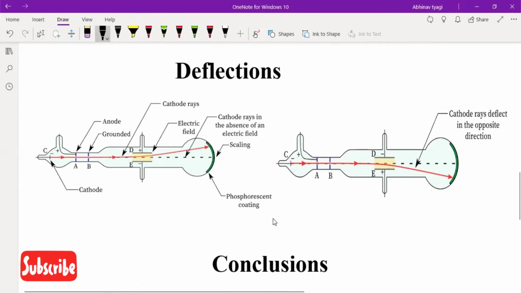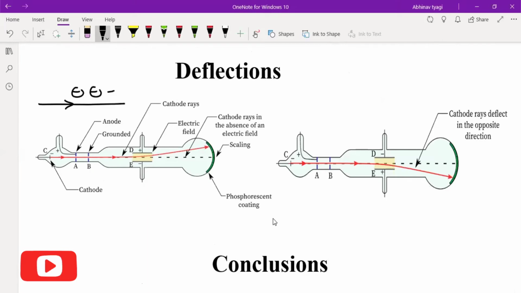if we just consider cathode ray here, which is made up of negatively charged particles, and dear students, with the help of these two plates, one is positively charged, second is negatively charged, we can see that the cathode ray is easily deflected towards the positive side here. This is the direction of cathode ray in the absence of electric field, and this is the deflection of cathode ray in the presence of electric field.